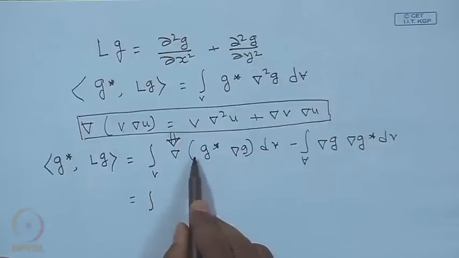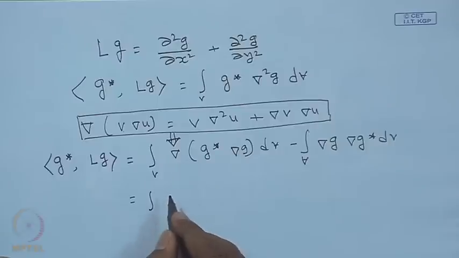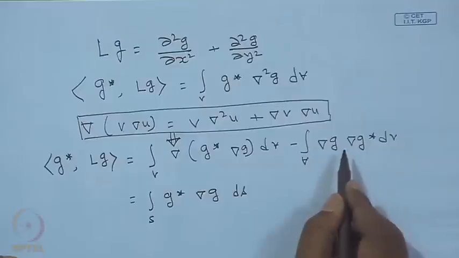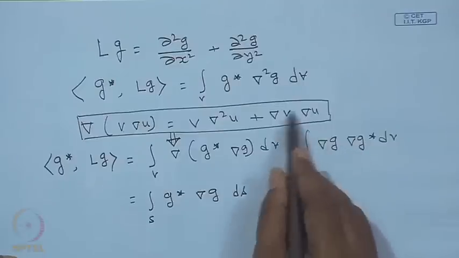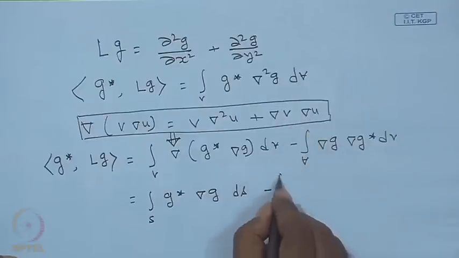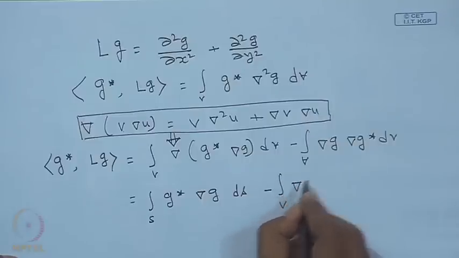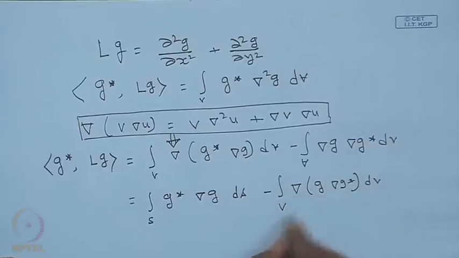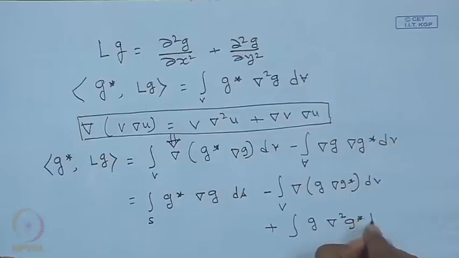Okay, we write this in the form of a surface integral. So, this surface integral becomes g star grad of g ds, and the volume integral of grad of g grad of g star dv plus g grad square g star dv.